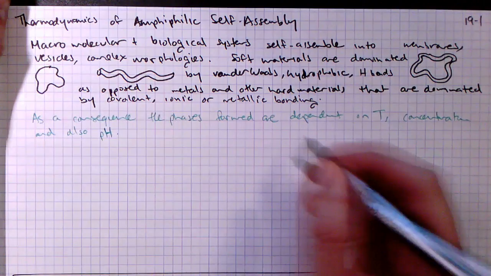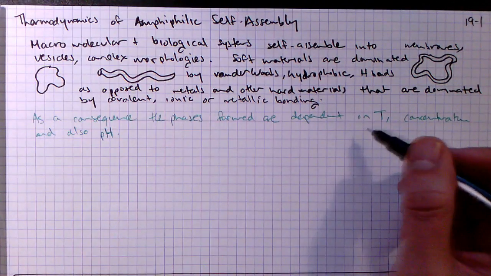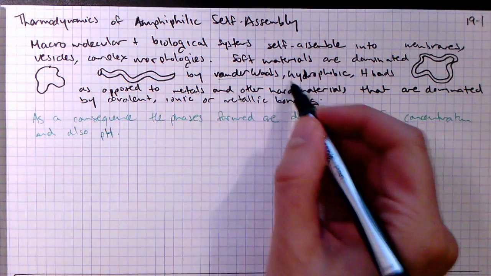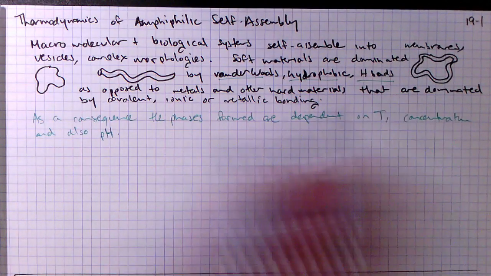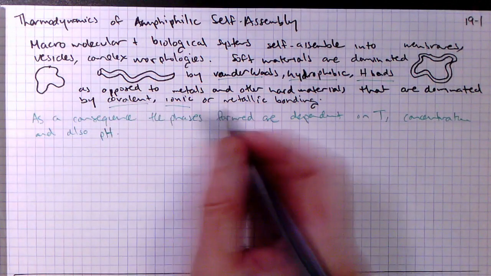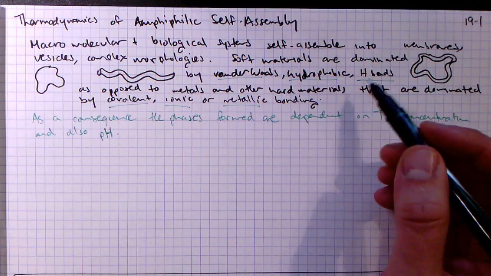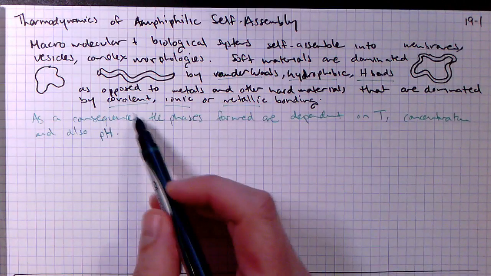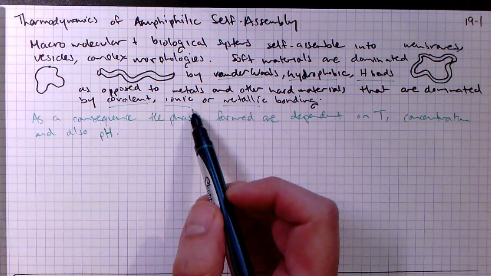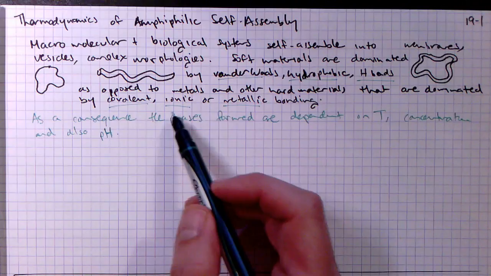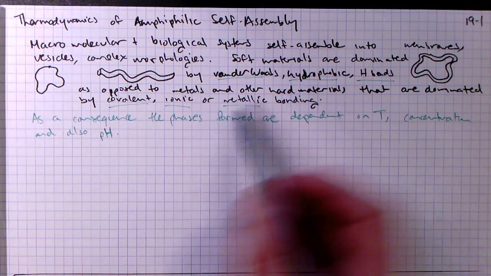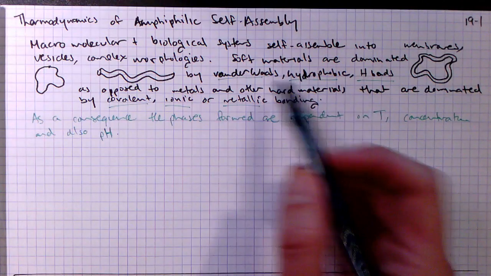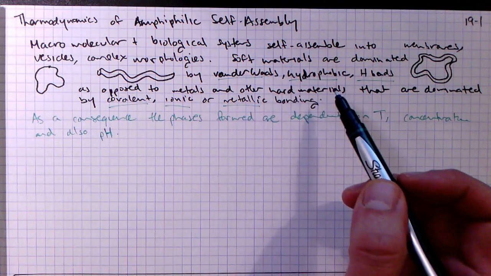And of course, the phases in hard materials are also dependent on the temperature, but since the energies associated with these kinds of bonding are so much smaller than the energies associated with those kinds of bonding, we tend to see very dramatic changes at lower temperatures. So whereas phase changes in covalent, ionic and metallic bonding, like melting temperatures, tend to be fairly high, temperatures for the dissolution of the structures associated with biomolecules tend to be around room temperature.